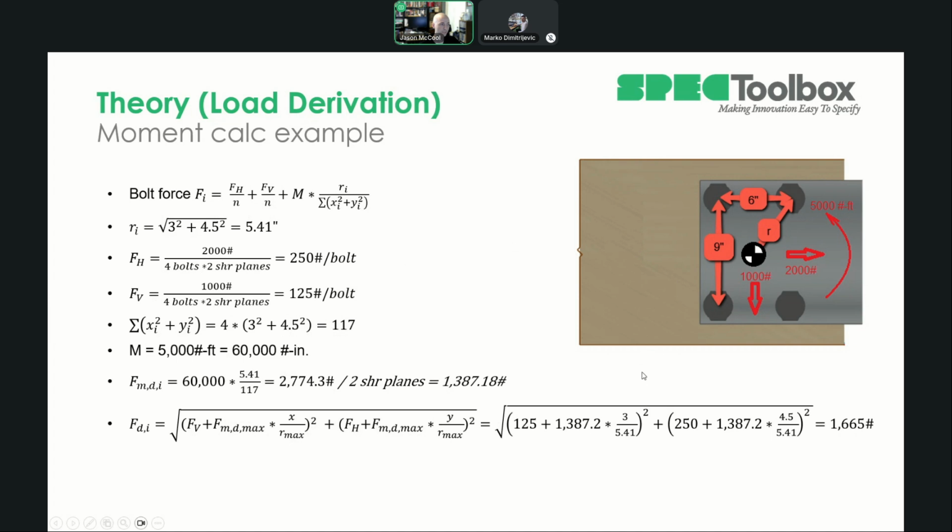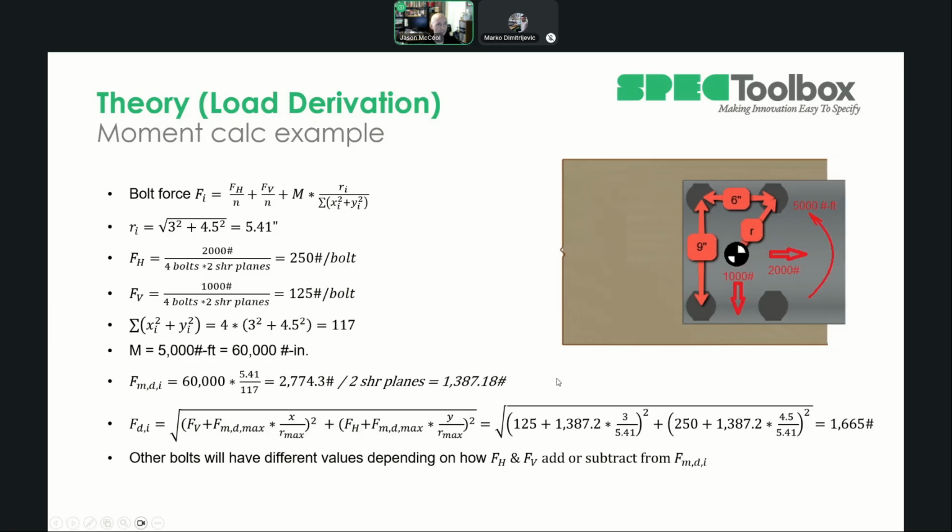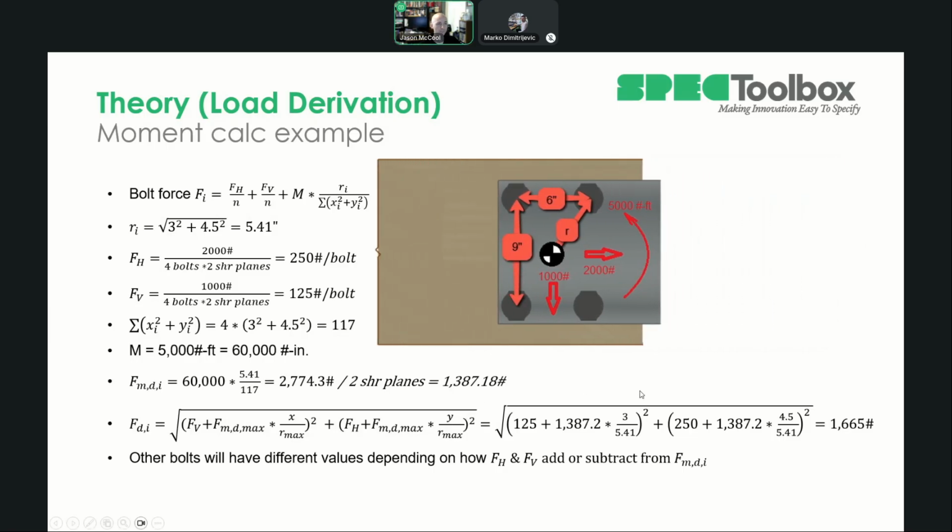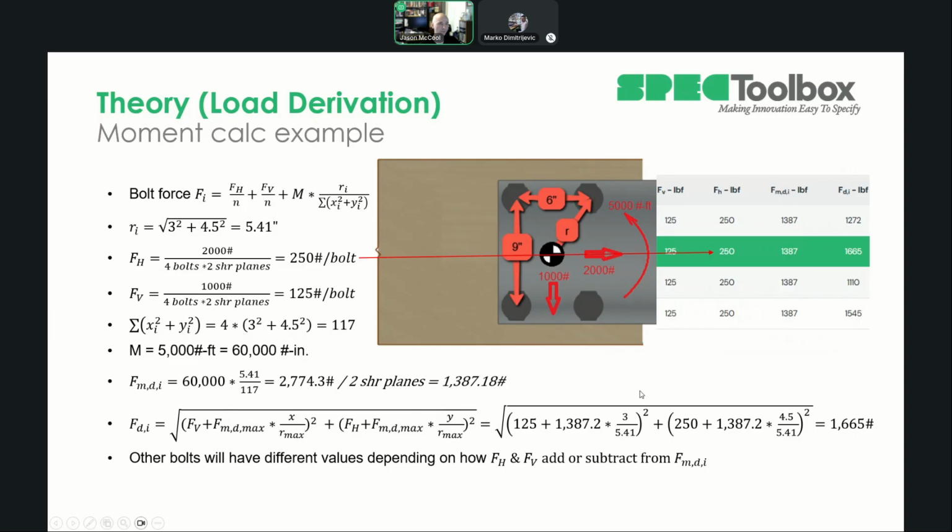together, nothing counteracting. Other bolts are going to have different values depending on how those in-plane shears combine or subtract from the moment load. And then we can move this over and plop in the results from a little verification calc I did in Spec Toolbox.